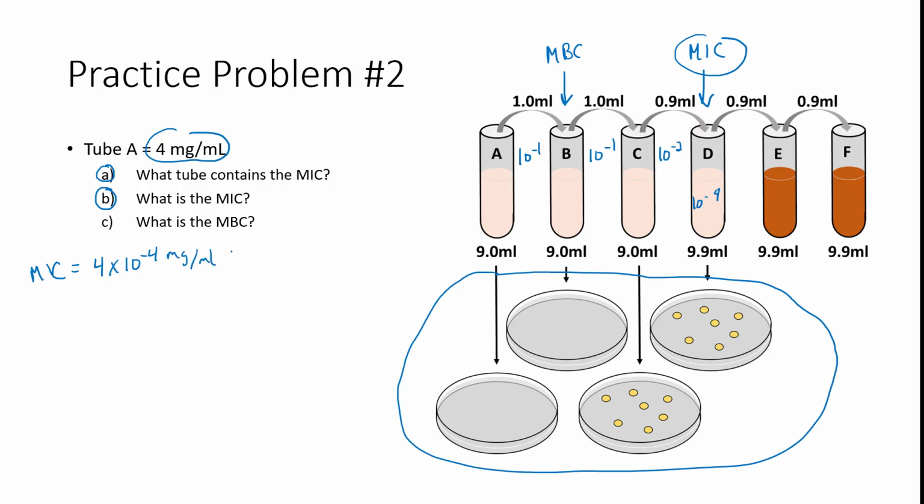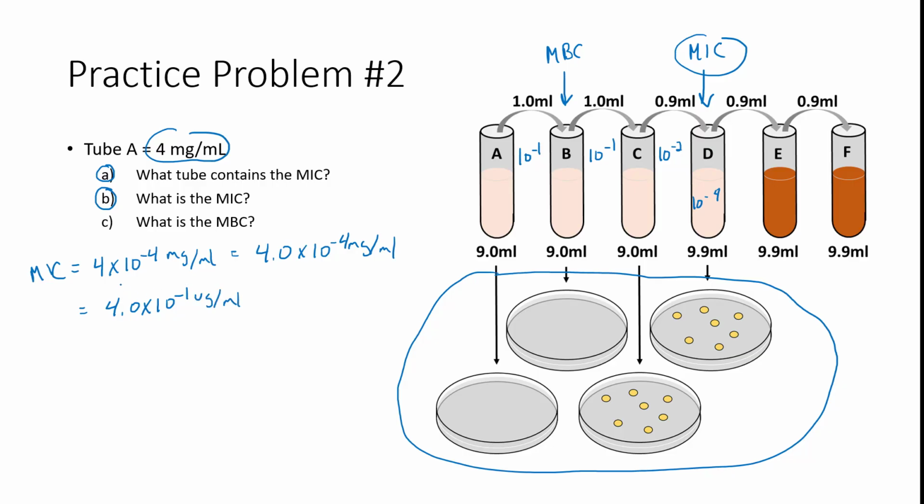If we're going to leave it in mg per mL, we would just make sure that we have it in proper scientific notation there. And if we wanted to convert that to micrograms per mL, we would multiply by 10 to the 3, and that would give us 4.0 times 10 to the minus 1 micrograms per mL.